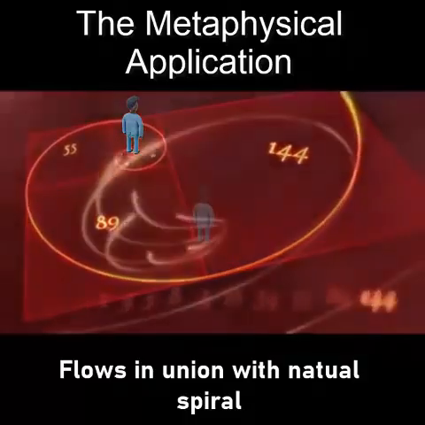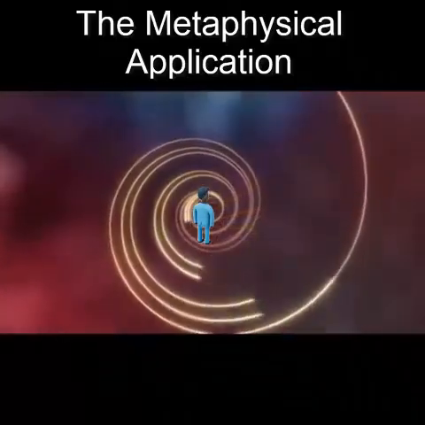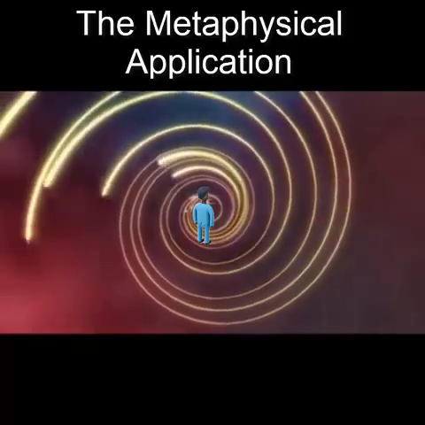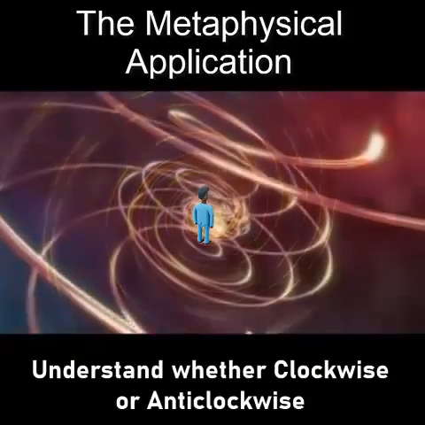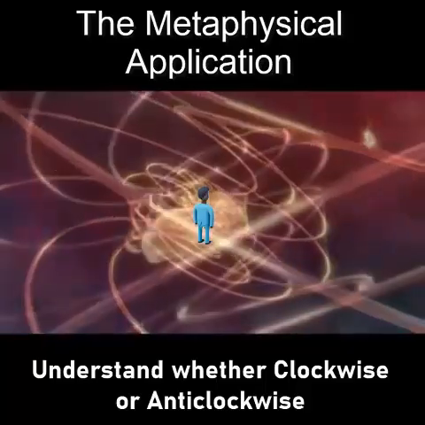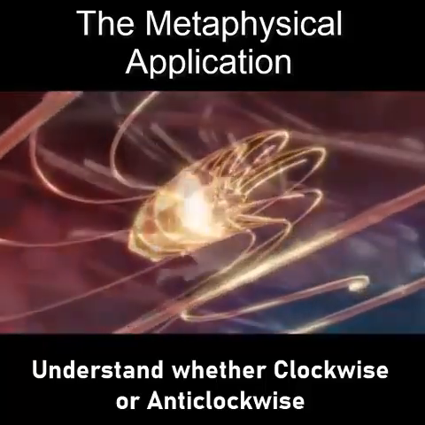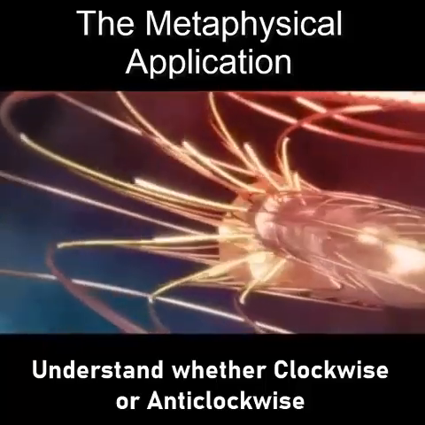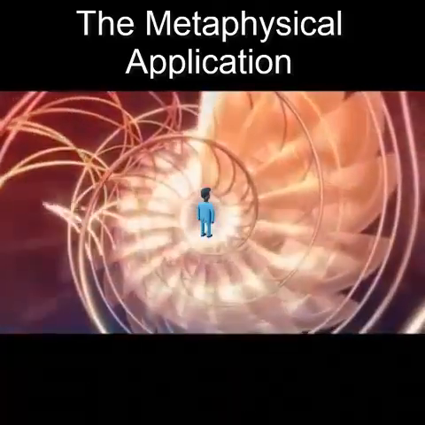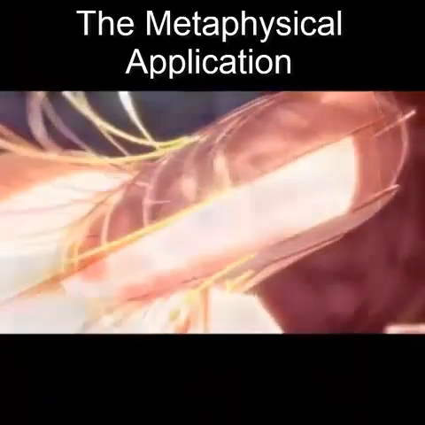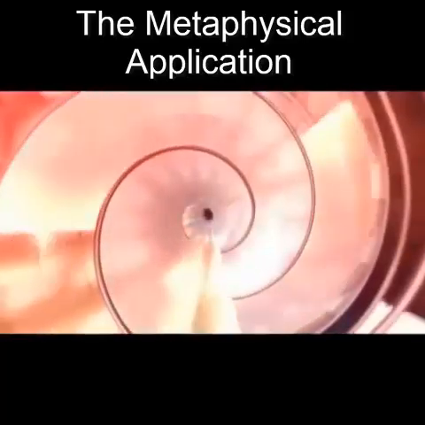However, it is not only about visualizing the spiral and you in it. You have to understand the sequence and also the significance of the clockwise or anti-clockwise rotation of the spiral. So let's delve into it.